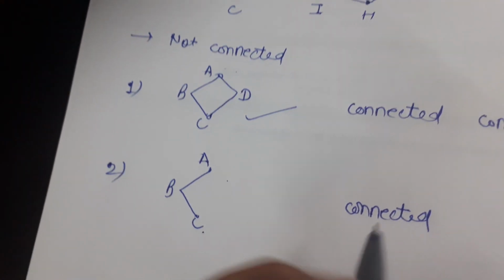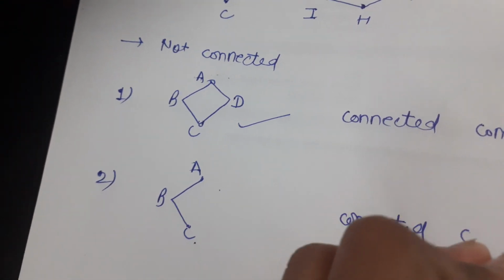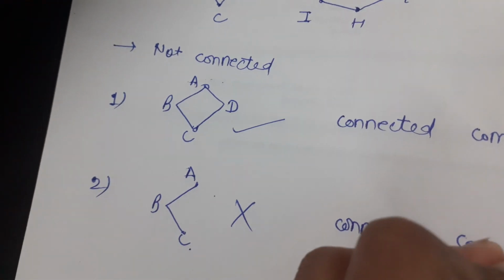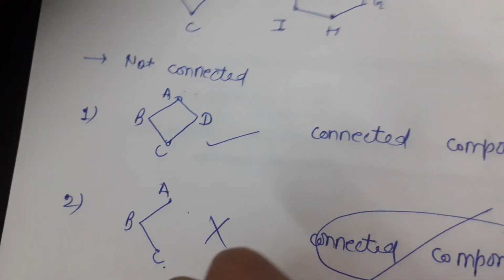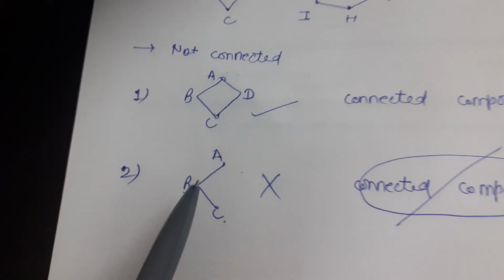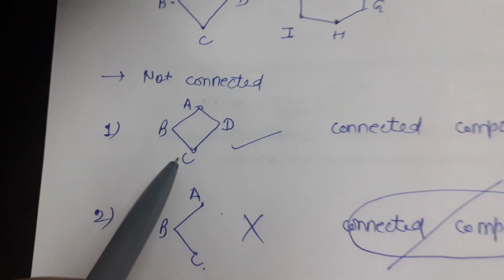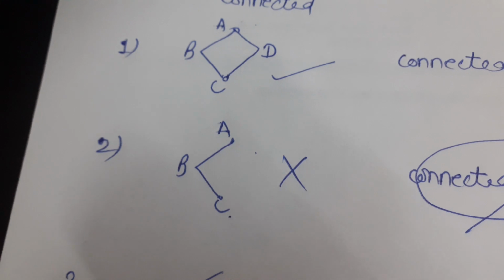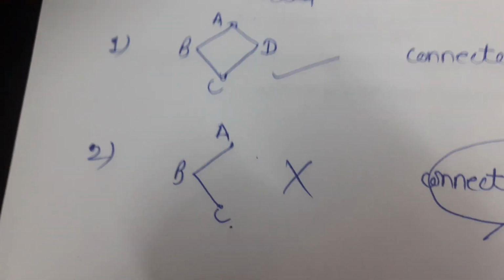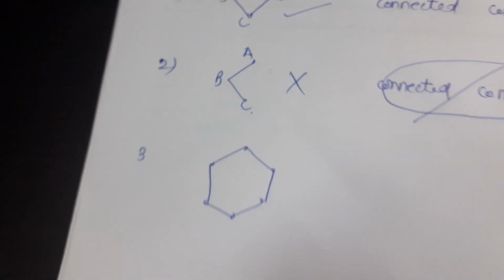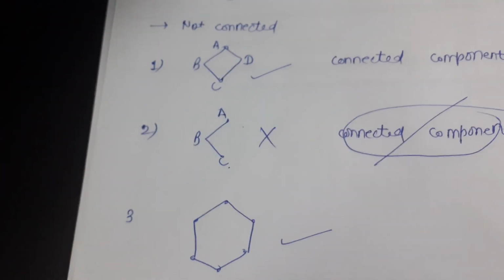So it is connected but not a connected component. This is not a connected component since this subgraph is contained in this subgraph. Again, this is a connected component. Again, this subgraph is a connected component.